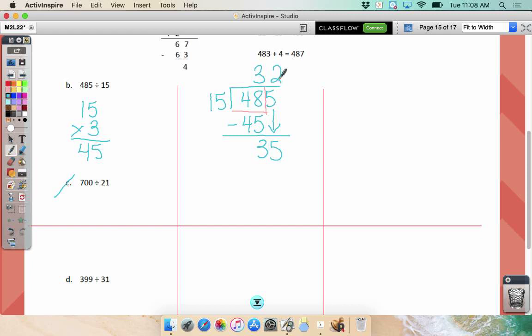Can you do 15 times 2 in your head? Yes. And if you can't, is it okay to just do it on paper? Totally. Okay? So, what's your remainder on this problem? 5. Remainder 5.